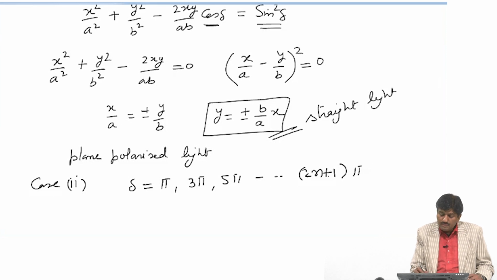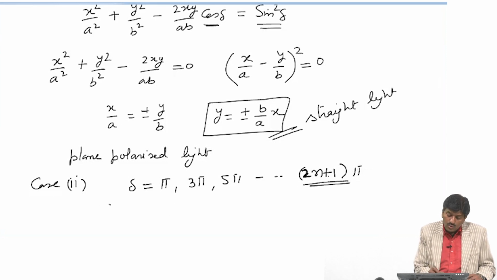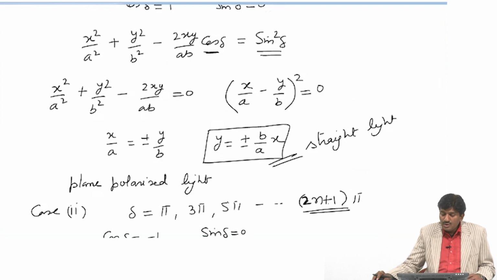If the phase difference between E ray and O ray is twice n plus 1 pi, then cos delta becomes minus 1 and sin delta is again 0. And if cos delta is minus 1, then this term becomes plus, and it is again 0.